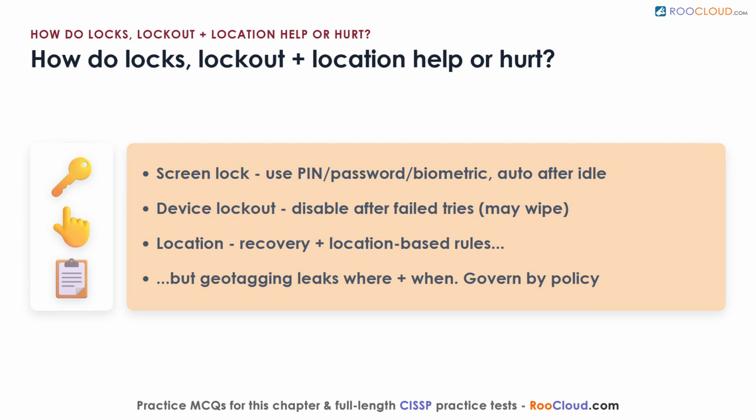Location services cut both ways. Positioning can help you recover a stolen device and enable location-based access rules, but geotagging quietly stamps photos with where and when they were taken, which a stalker could exploit. Treat location as a tool that must be governed by policy, never left wide open.